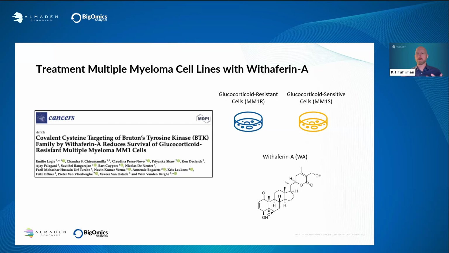If you don't know, multiple myeloma is the second most common blood cancer. And a common problem is that patients will become resistant to whatever treatment they're on, forcing doctors to change treatment. And this process can go on for more than 10 years. So it's a very treatable disease, but it does force doctors to go through repetitive lines of treatment, whether that's immunotherapies or glucocorticoids.